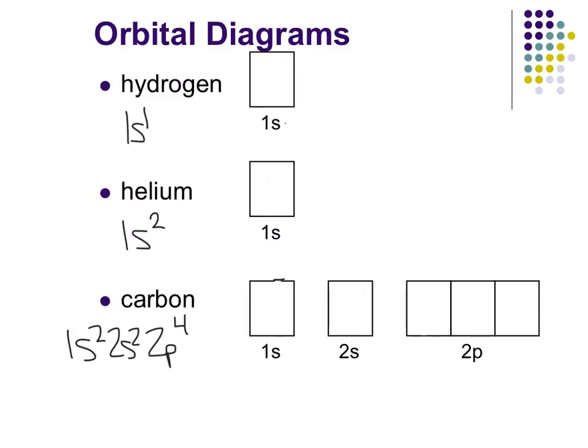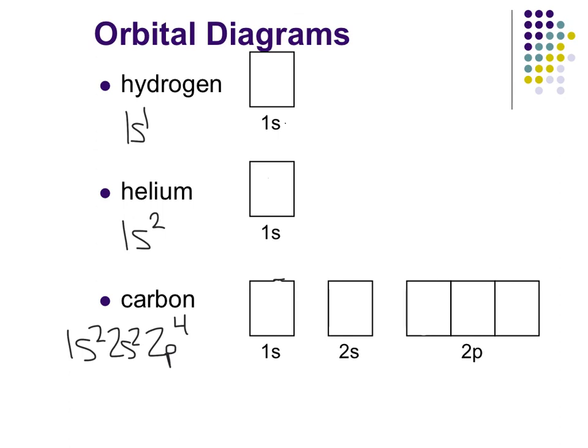Let's look at the boxes we have set up for these first few examples. Notice that anytime you draw a set of boxes for s, it comes as a single box, because s only has 1 orbital. Notice in the bottom corner you have 3 boxes for our p orbital, because the p's always come as a set of 3.